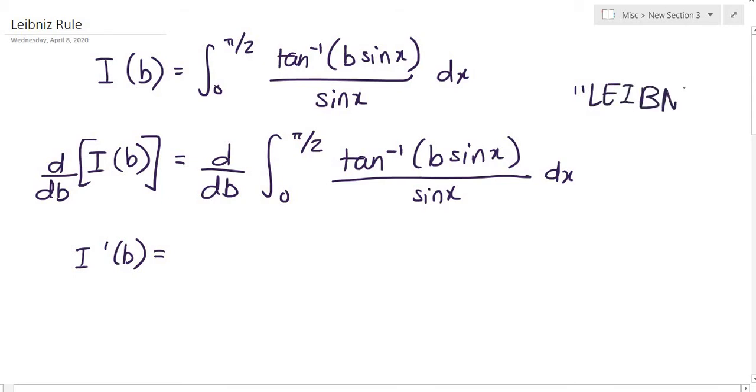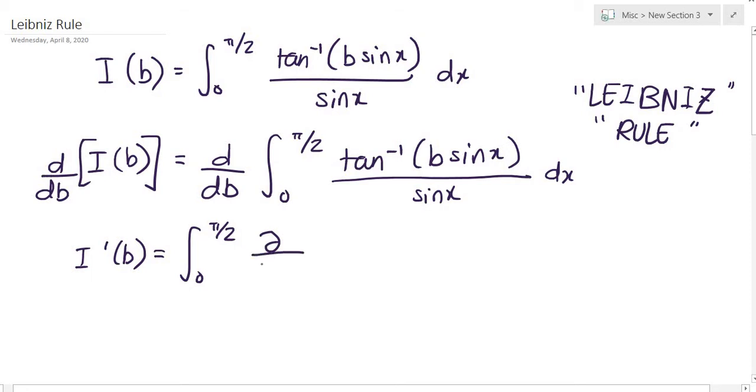Leibniz rule is not exactly an integration method like u substitution or something, but Leibniz rule basically says that if you were to differentiate an integral, you can take the derivative inside the integral sign, but then it gets converted into what's called a partial derivative.